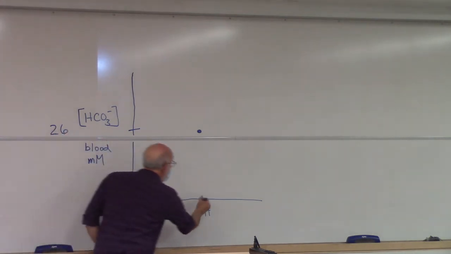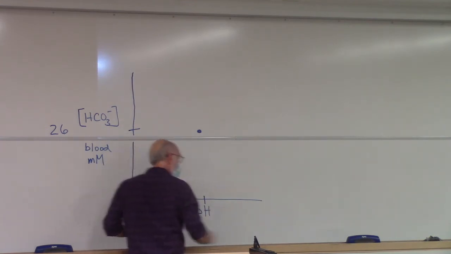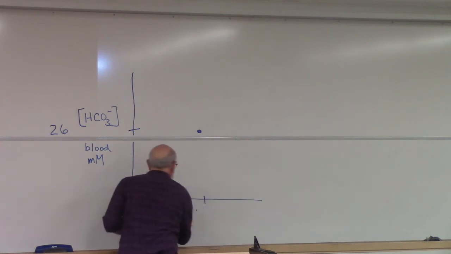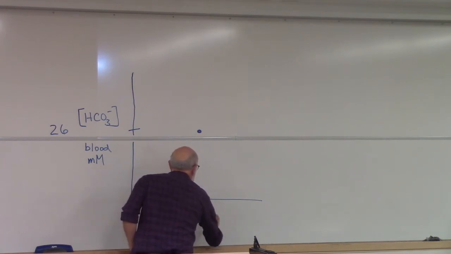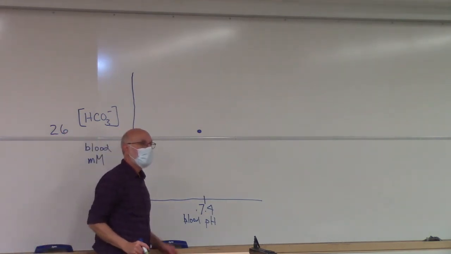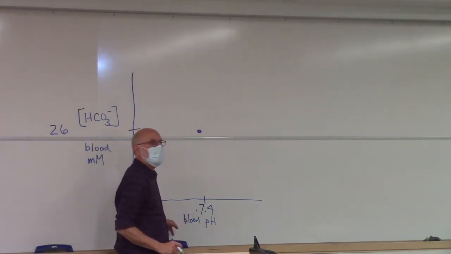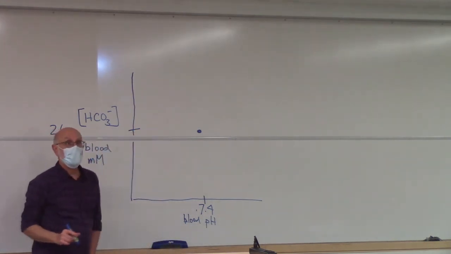Your resting pH in blood, so this is blood pH, your resting blood pH is 7.4. Online students, is this too low for you to read? Am I off screen here? No, okay, good. That's where you are at rest.